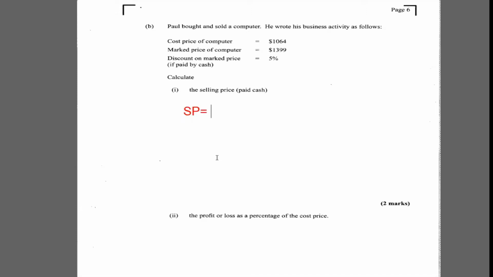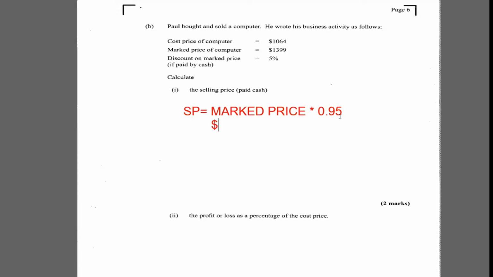Selling price is going to be the marked price multiplied by 0.95. You might wonder why 0.95. Because if there's a 5% discount on the item, then you're paying 95% of the marked price. You're not paying the full money. You're not going to pay 100% of this money. You're paying 95% of it. So the marked price times 0.95 will give you the selling price.